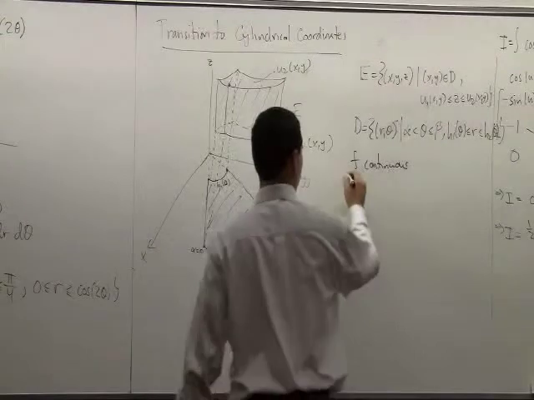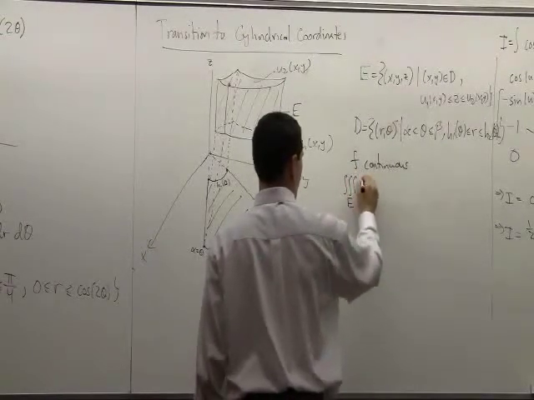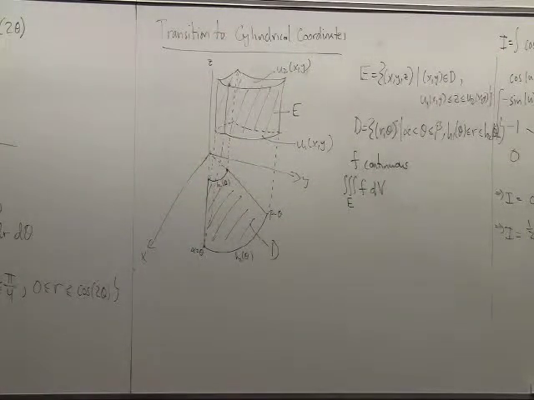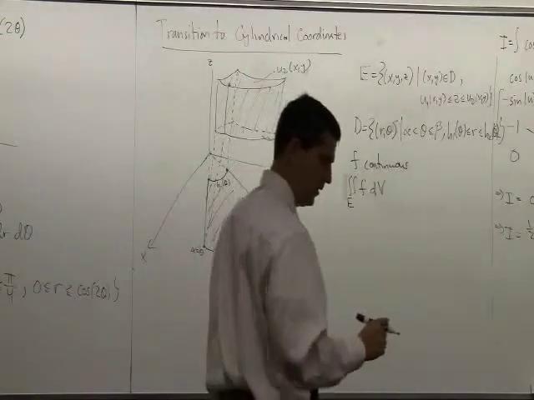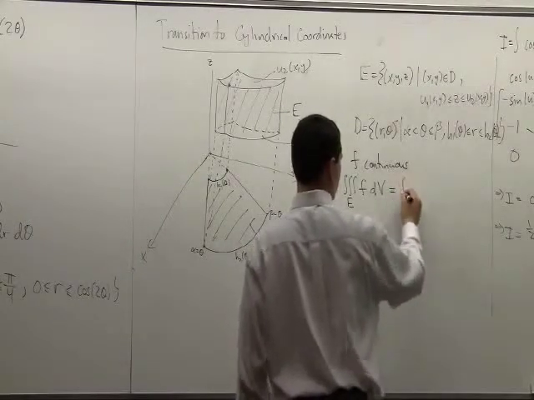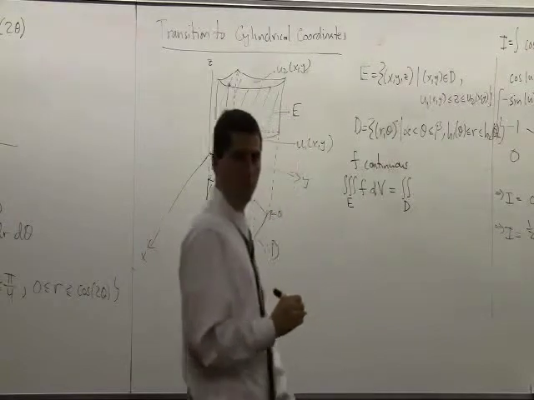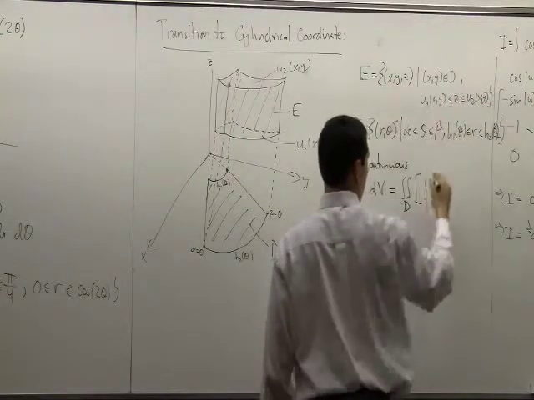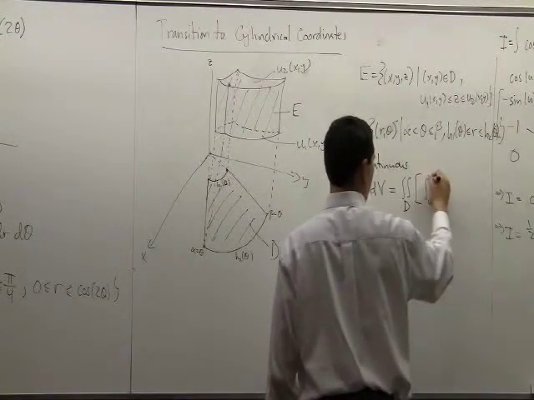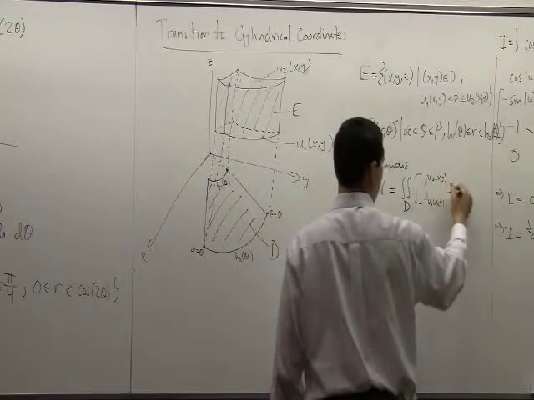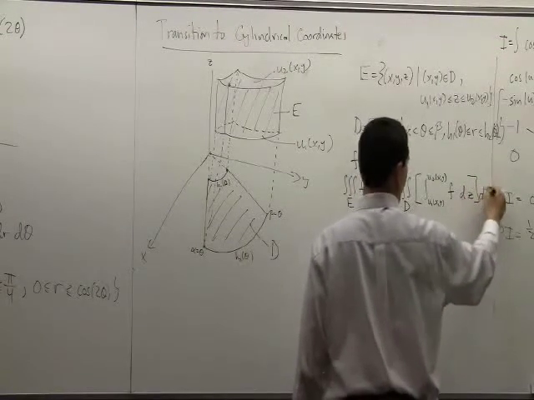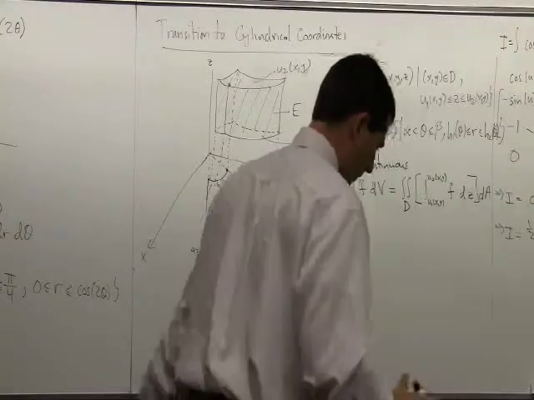And I want to integrate f over E. So we've already seen before, you can turn this into a double integral over D, where you then integrate between u1 of xy to u2 of xy, and then you integrate the function dz, and then you integrate dA. Okay, good.